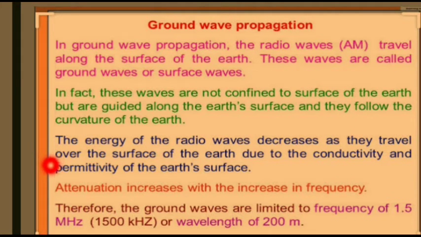Attenuation increases with the increase in frequency, but the wavelength decreases, right? Therefore the ground waves are limited to a frequency of 1.5 megahertz, that is 1500 kilohertz. Their wavelength is 200 meters, right?